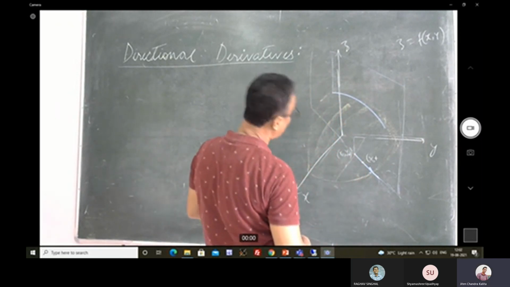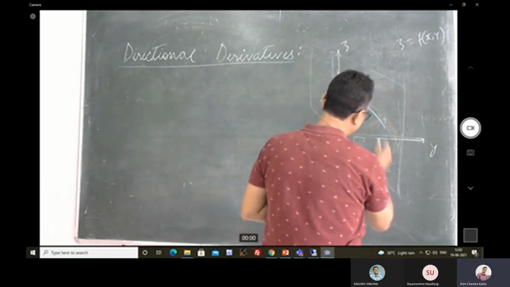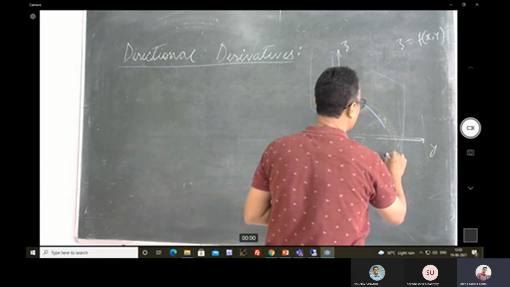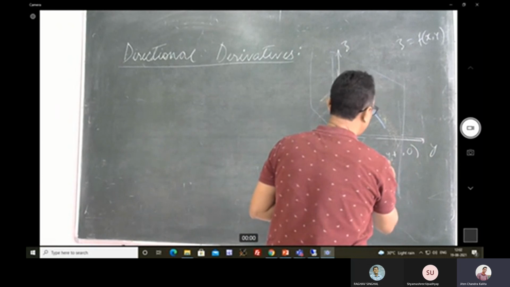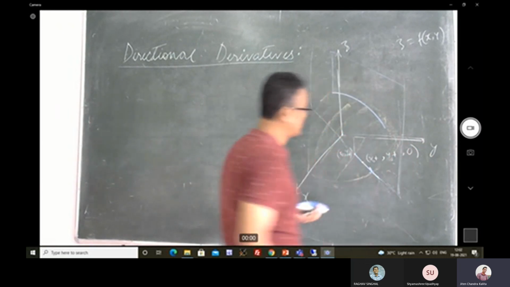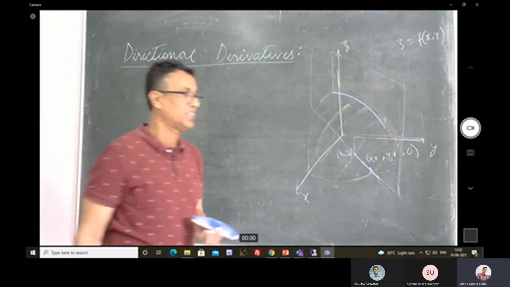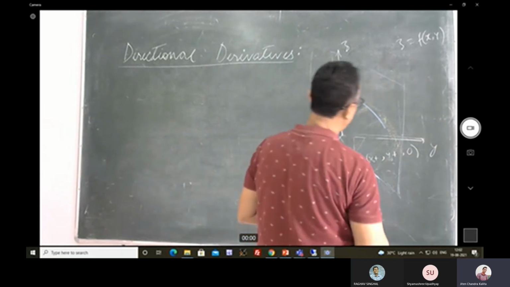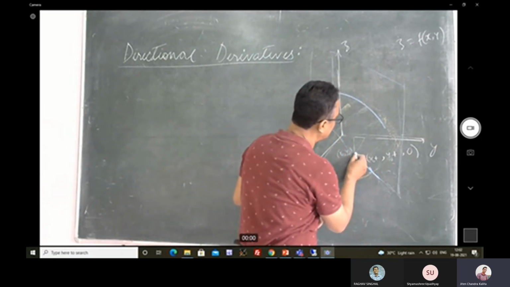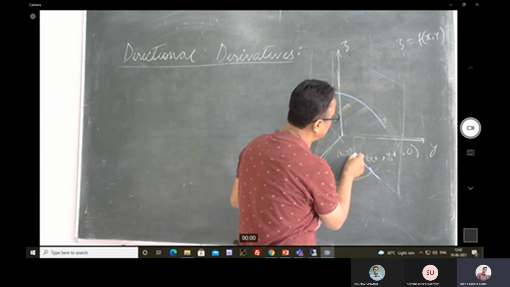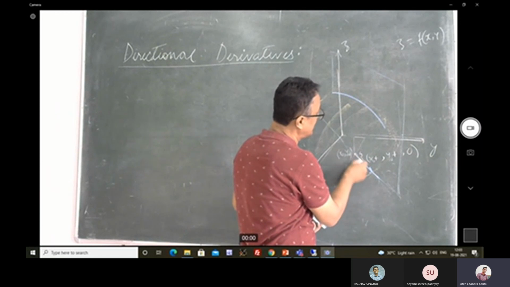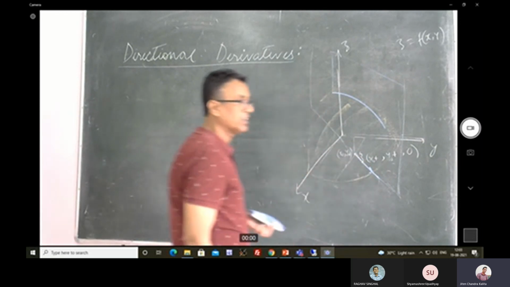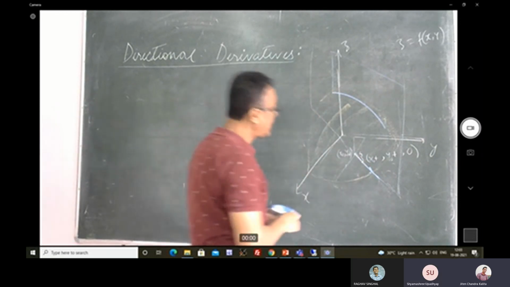Let me simply put a question mark there for the time being, and I'll come back to that. Suppose this distance is h, where I have taken the neighboring point on the same line in the direction of this vector. Is it okay?